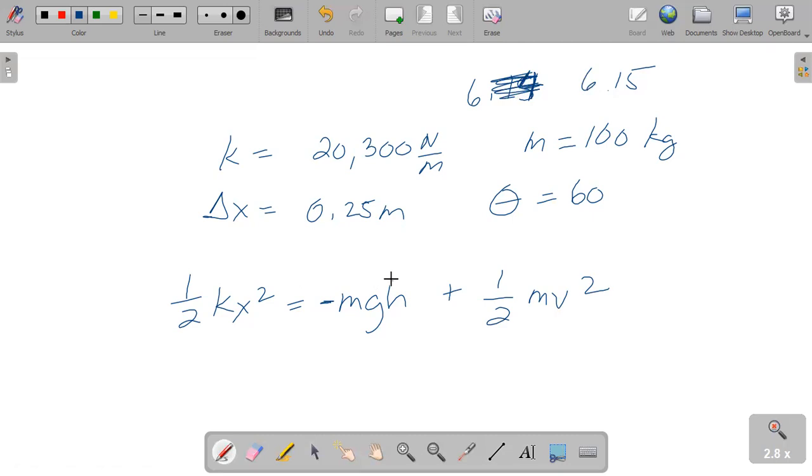But this h must be noted: h equals 0.25 meters times sine of 60, right? Because he's leaning, he's not going straight back up. The vertical height that he's going back up is just that times the sine of the angle. All right. Wow, that really is kind of hard.